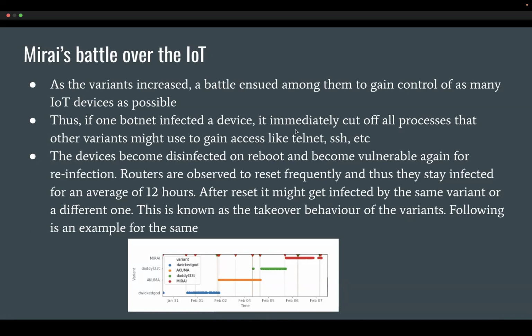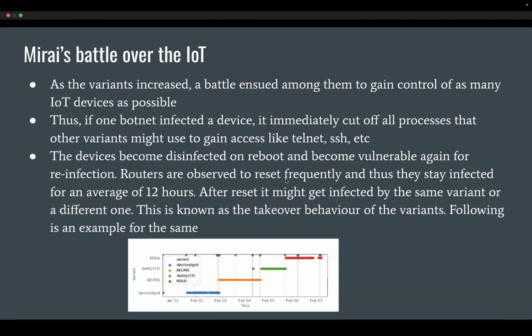Now, in order to gain access and in order to block others, the generic technique used by most of the variants is that once it gains access, it immediately cuts off the process. That is, it shuts down telnet SSH so that other variants can't infect it. Also, there is something called reinfection. All these variants are not self-sustaining.